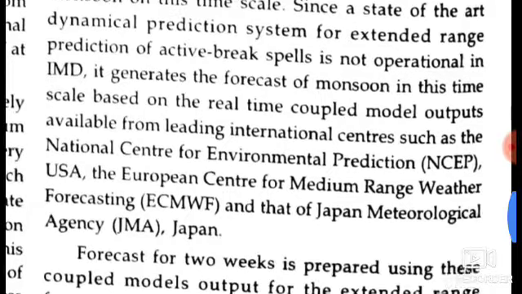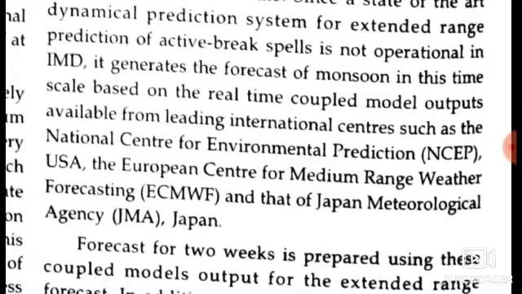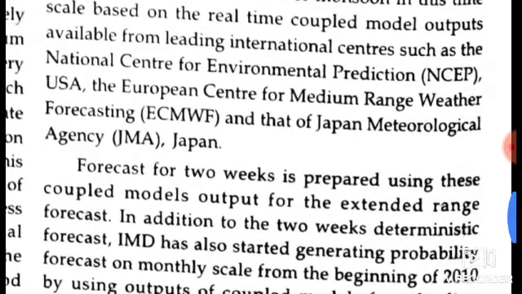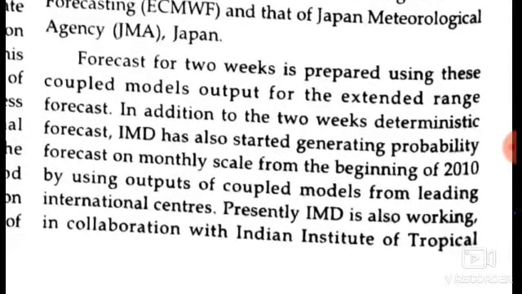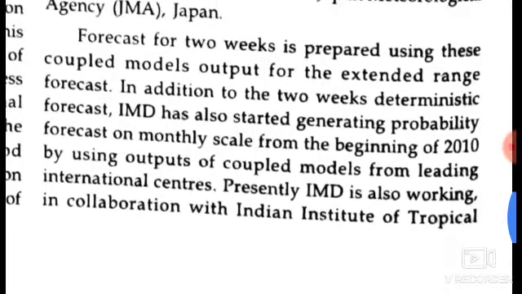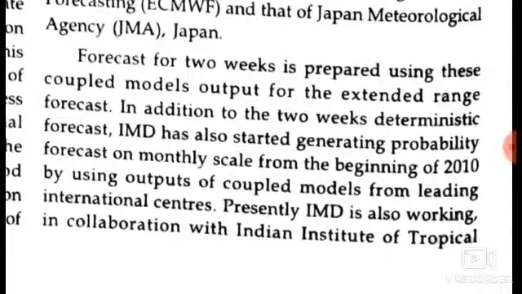In IMD, the forecast of monsoon on this time scale is generated based on real-time coupled model outputs available from leading international centers such as the National Centers for Environmental Prediction, USA, the European Centre for Medium-Range Weather Forecasts, and the Japan Meteorological Agency. A forecast for 2 weeks is prepared using these coupled model outputs.